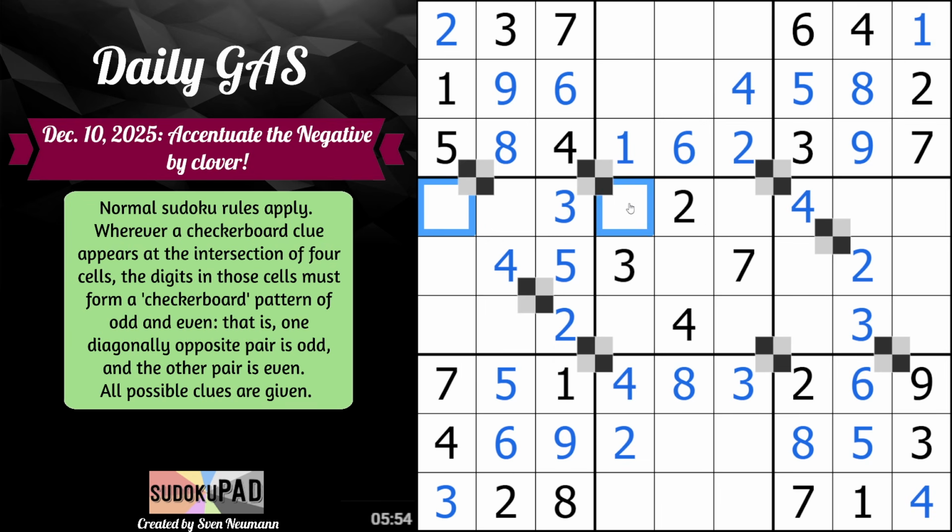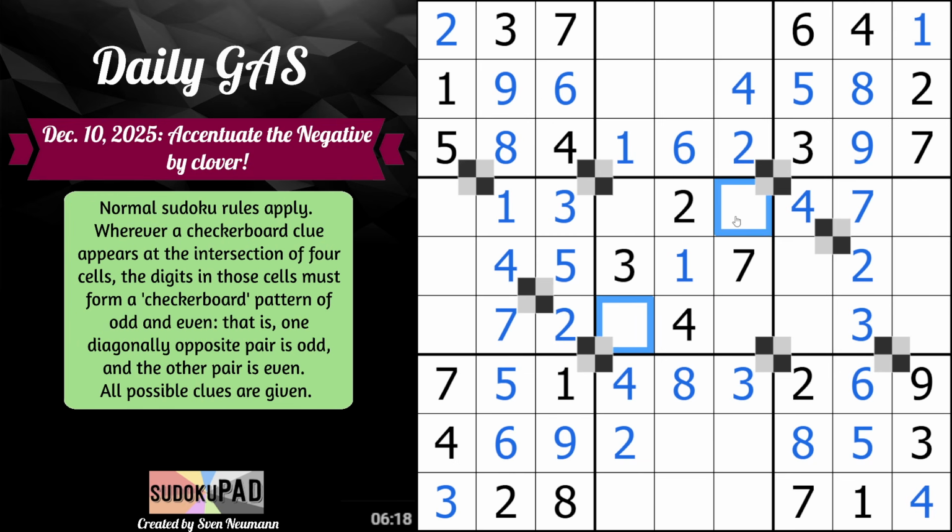Again, either way, 6 or 8. 1, 5, 7, 9. Oh, hello. What are we missing from the column here? We're missing 7. And 7 then gives us 7 here. That gives us 1 here. 1 now gives us 1 here.